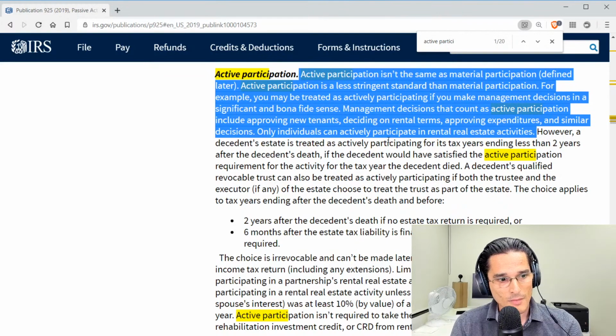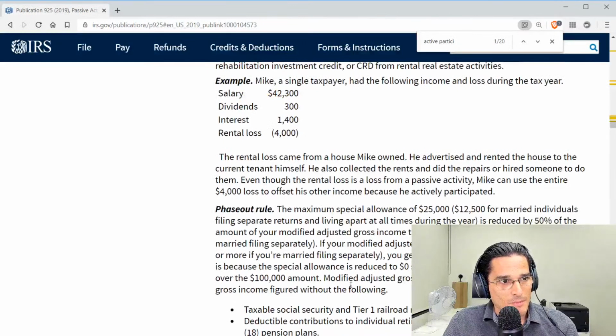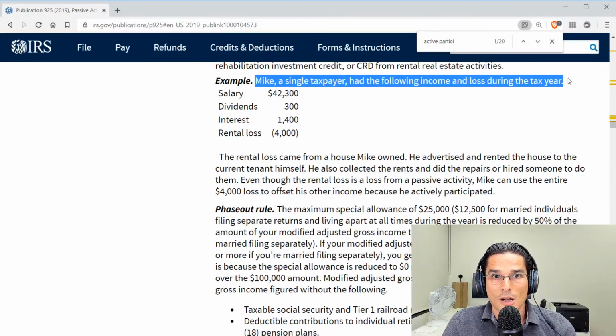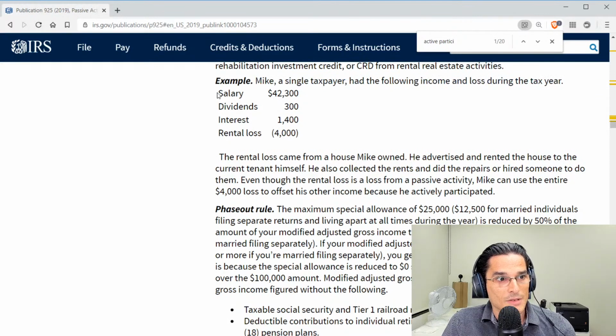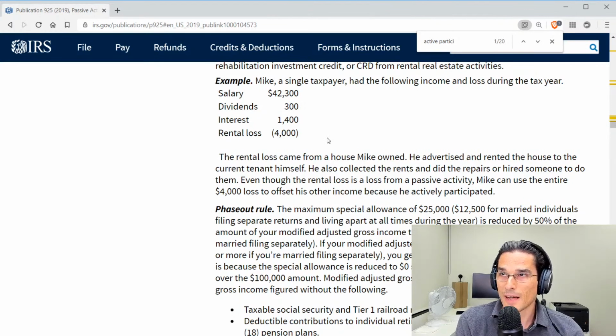All right? So there's an example here that says the following. Mike, a single taxpayer, had the following income and loss during the year. They have salary, $42,300, dividends of $300, interest of $1,400, and rental loss of $4,000. Now, we talked about the fact that by default, rental income is considered passive.